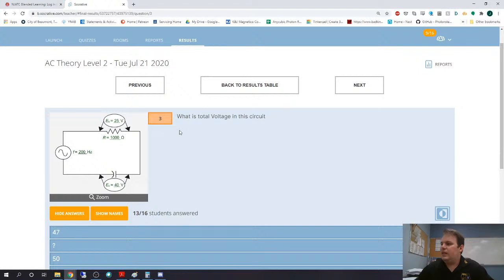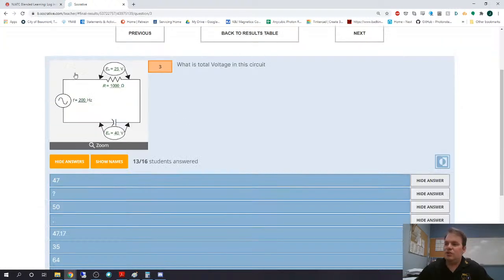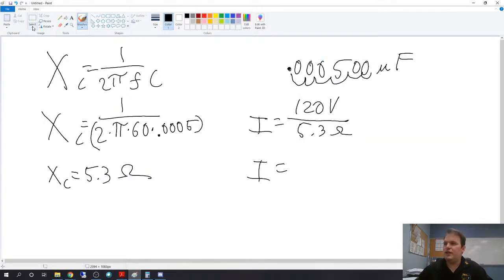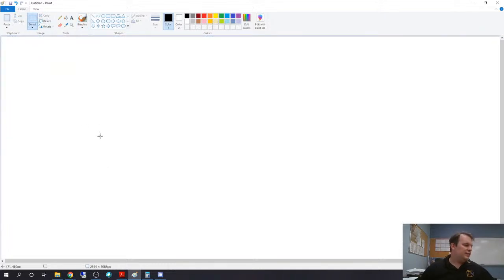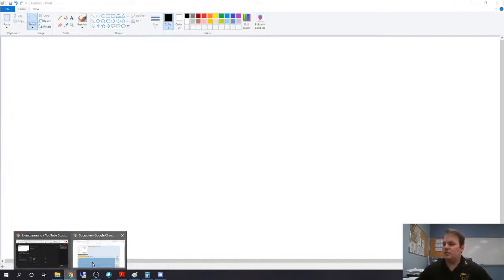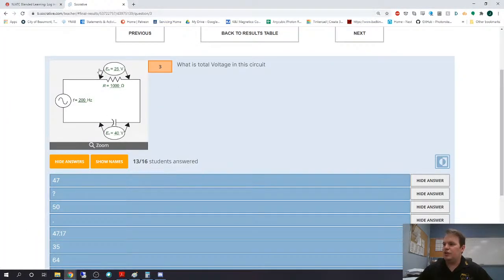All right, so what is total voltage in this circuit? Same circuit. So you have ER and EC. In a circuit like that, where you have two different voltages in a series circuit, they are 90 degrees out of phase with each other, because you have your resistive voltage and your capacitive voltage.